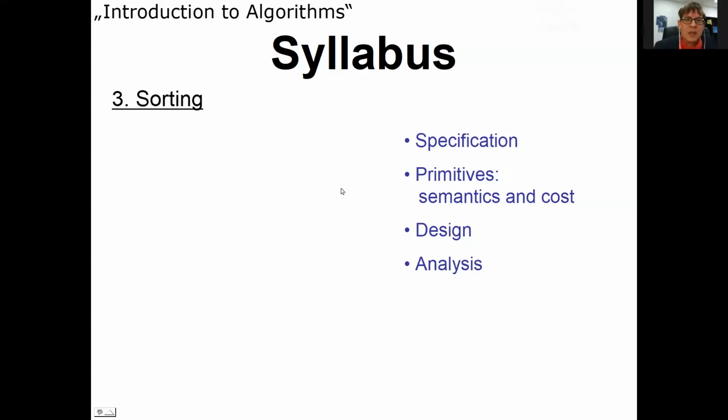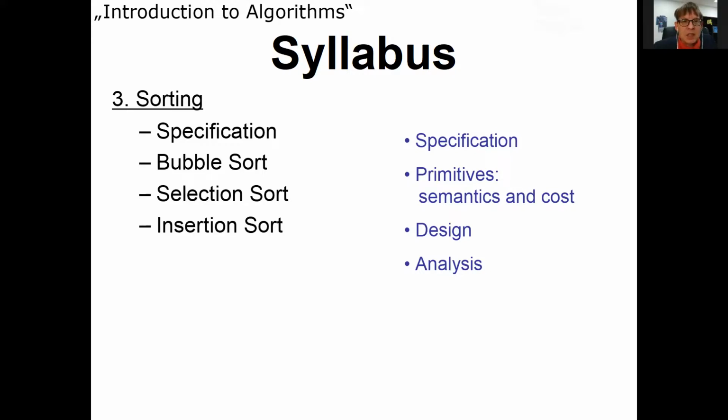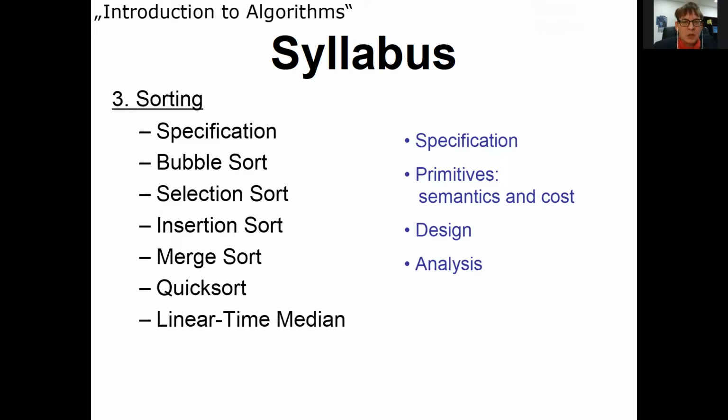In chapter 3, sorting, we'll talk about specification as usual of sorting problems. We'll just start easy with bubble sort, selection sort, insertion sort, merge sort, quick sort. Then we'll recall the linear time median, because quick sort, as you may know it, does not have n log n running time, but quadratic running time, and only with the linear time median algorithm will it attain the famous n log n running time.